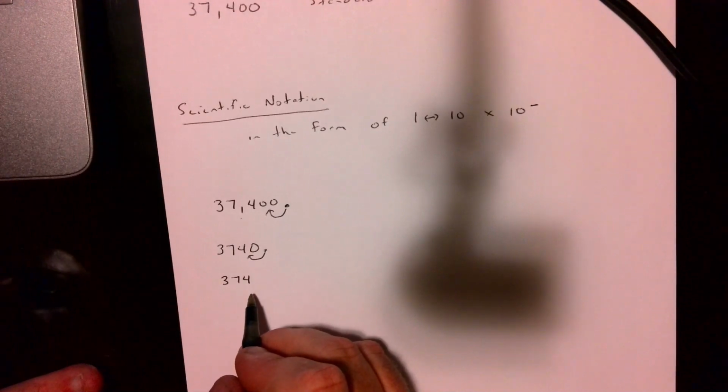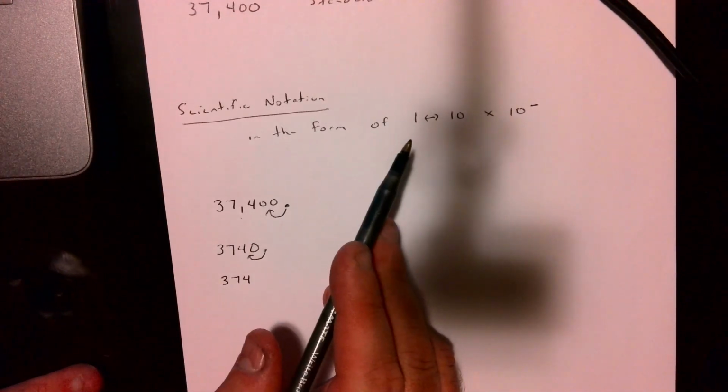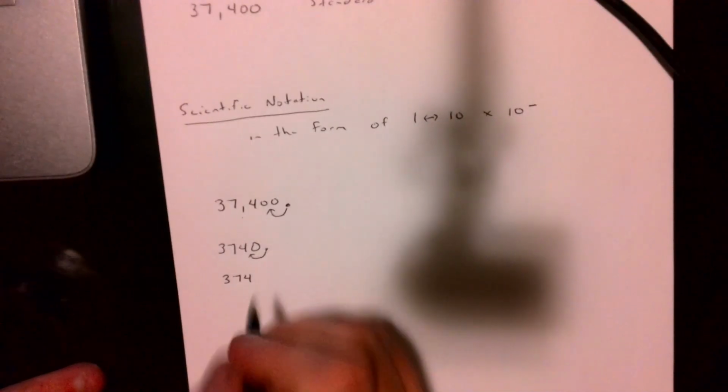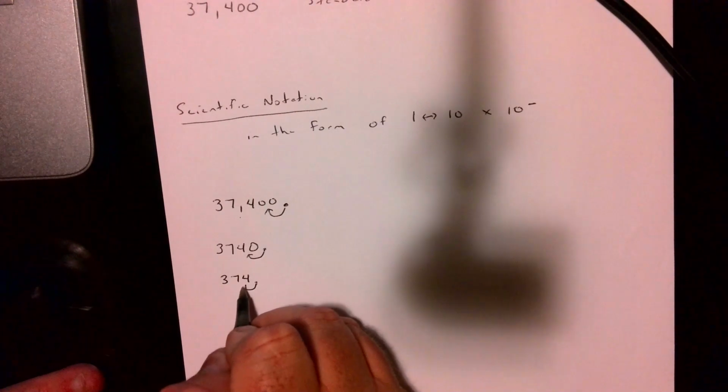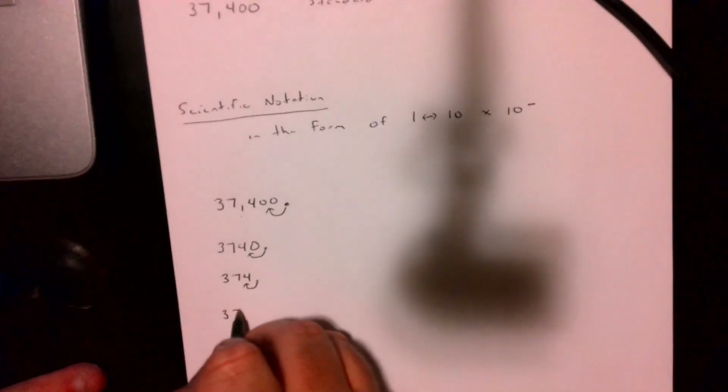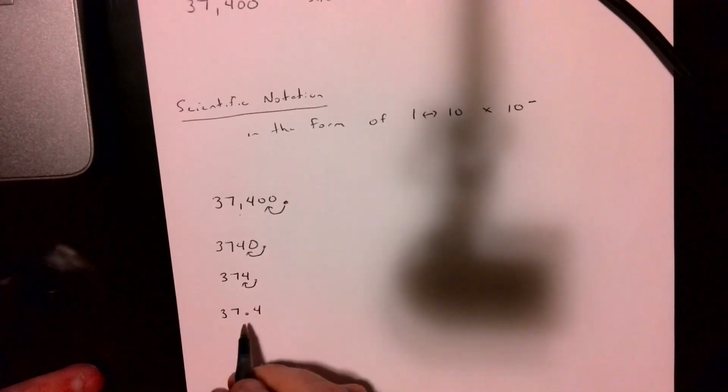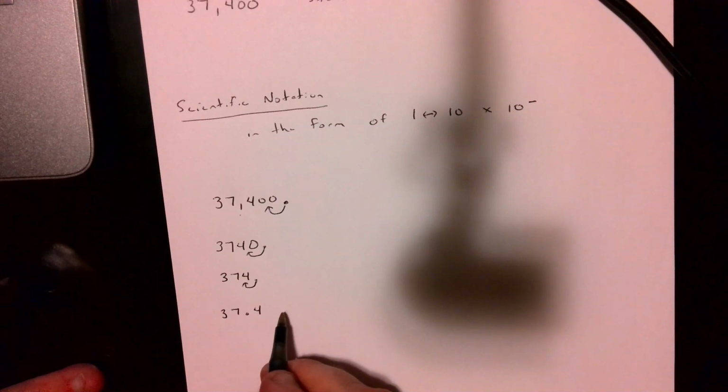We're getting smaller again, but we're still above 1 through 10. So we move it over one more time, and now we have 37.4. We do need the 4. Make sure you keep the 4 in there.